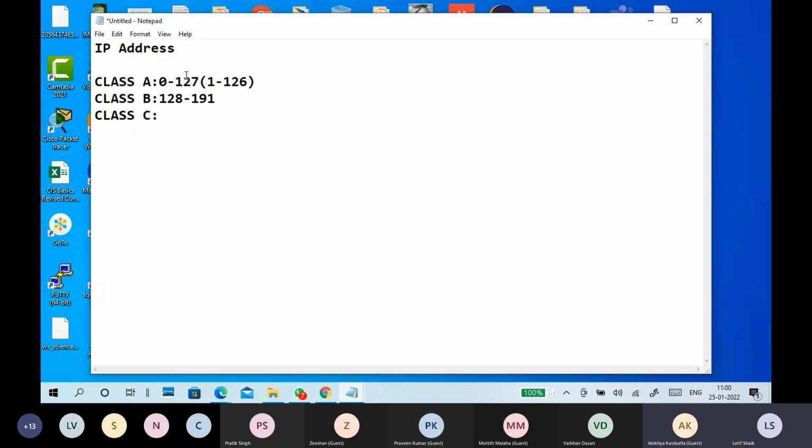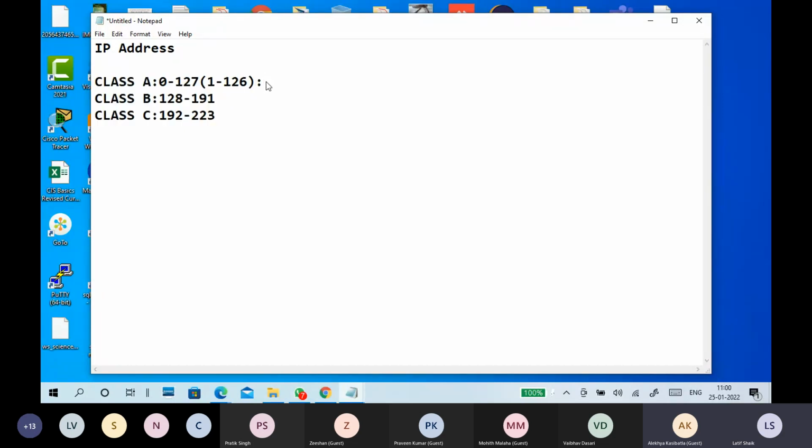Class C is 192 to 223. It is always a little bit confusing, like 239 or 223. It is 223. So these are the class A, class B, class C ranges.